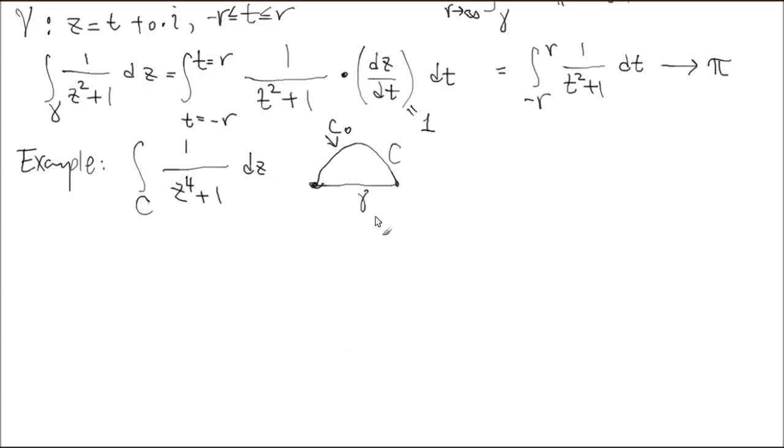How many poles were there for this example? Remember that part? There were two, right? There was one, there's another one there. There were 2 poles. And we calculated that.